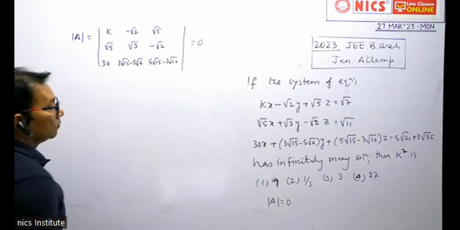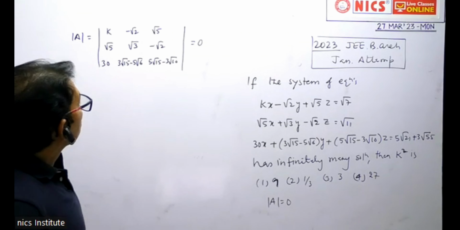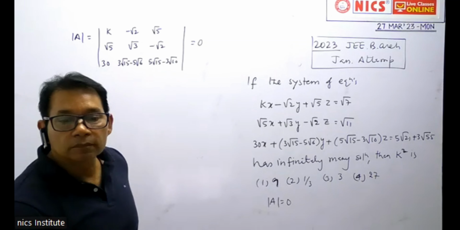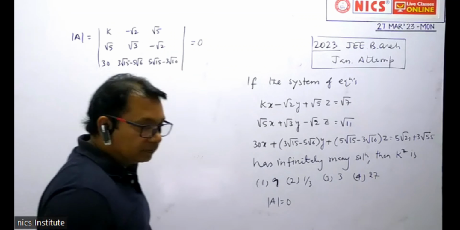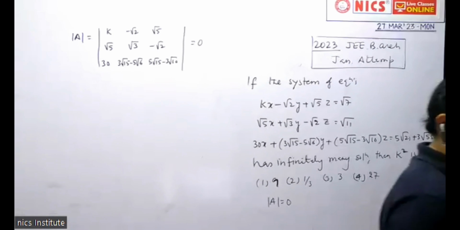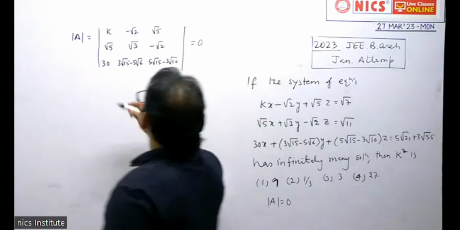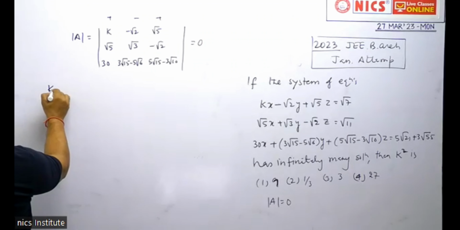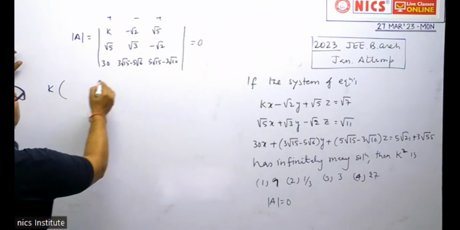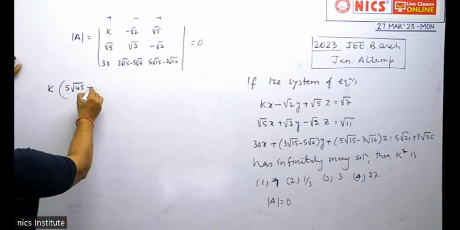And this is equal to 7. Take your answer. This into this: square root 45.